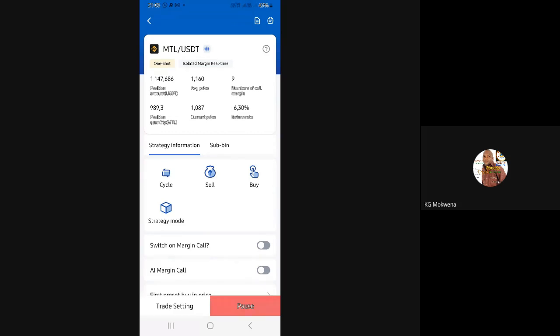However, in the meantime, your position number 9 and so forth can, let's say, for instance, you come yourself and you look at your position when you come back, and you realize that you are plus 5%. The robot will still not sell. You may find that you are on plus 5% in return rate, not minus, but plus 5%.